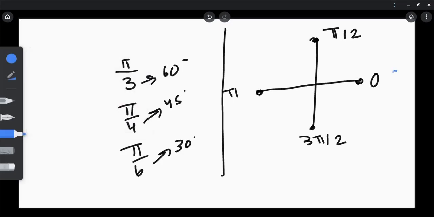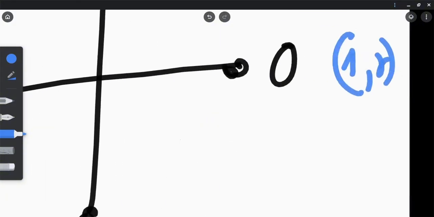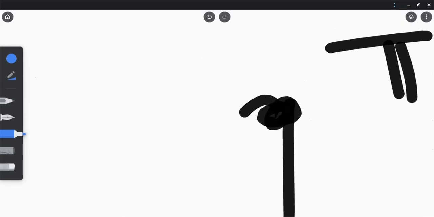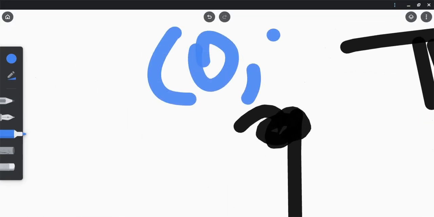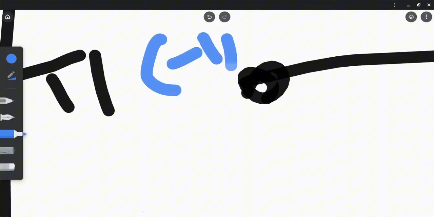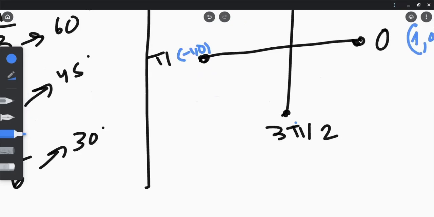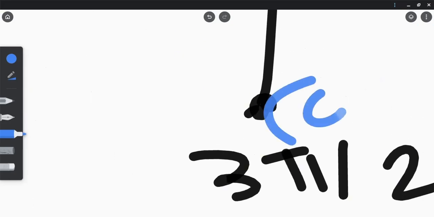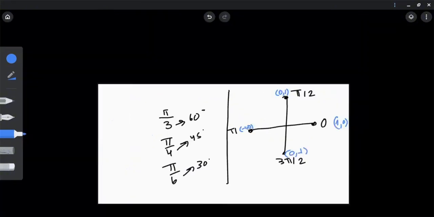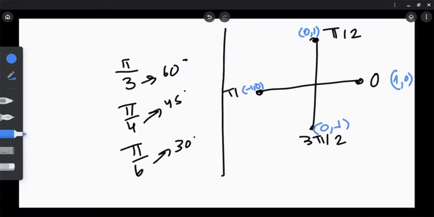And since they don't have reference angles, what we use for the evaluation of these angles is just coordinates. You have to remember 1, 0, 0, 1, negative 1, 0, and 0, negative 1. So that's just it.